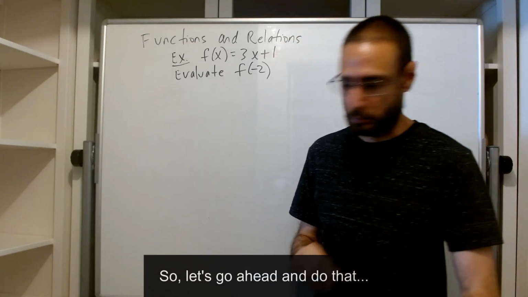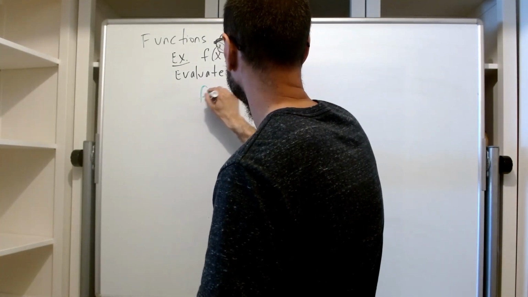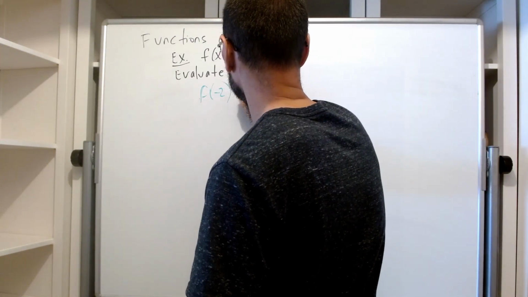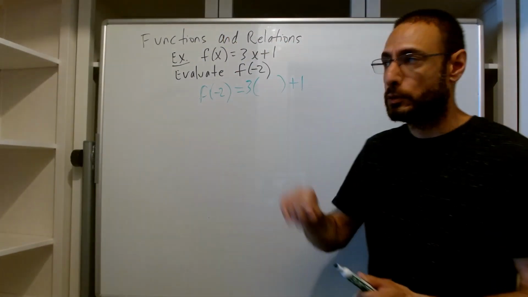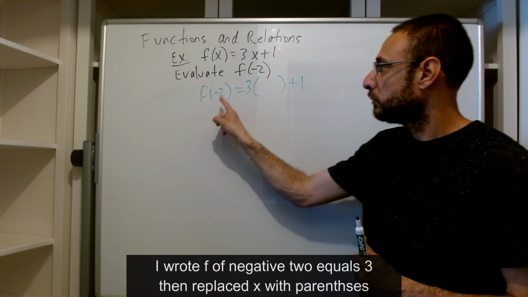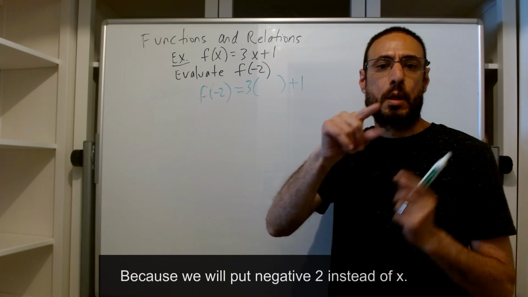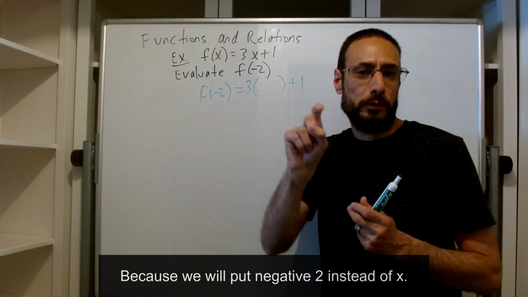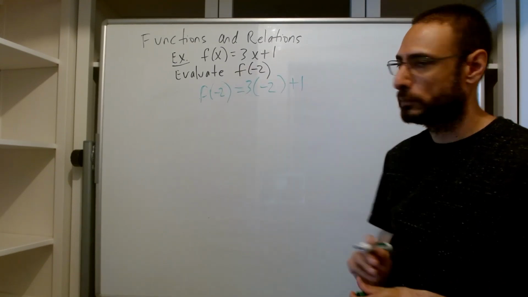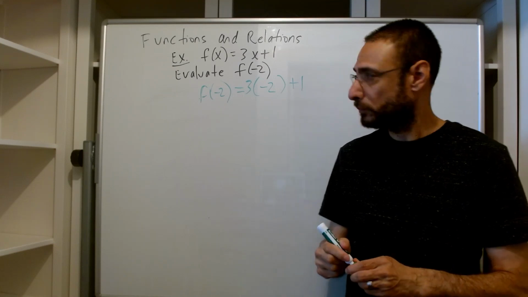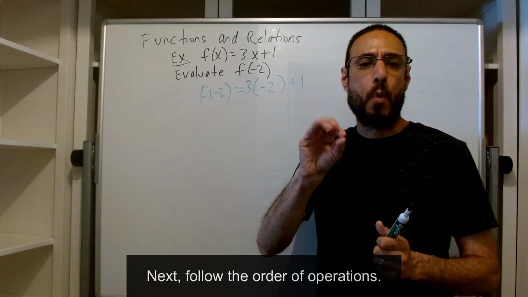So, let's go ahead and do that. I wrote f of negative 2 equals 3, then replaced x with parentheses, because we will put negative 2 instead of x. Next, follow the order of operations.